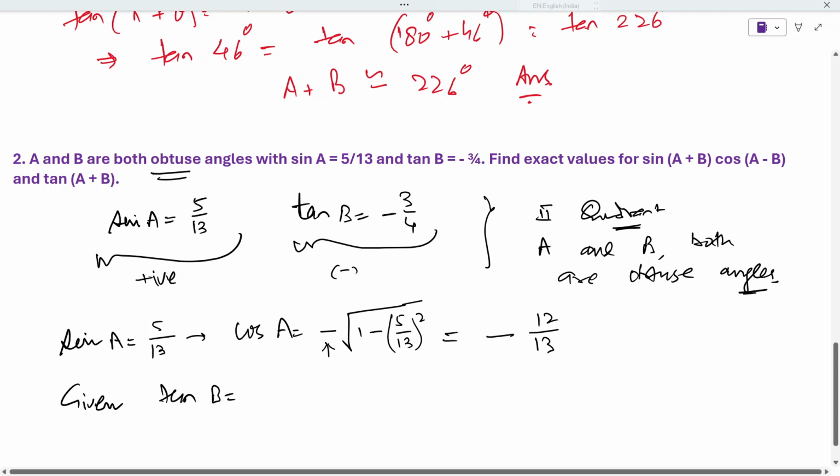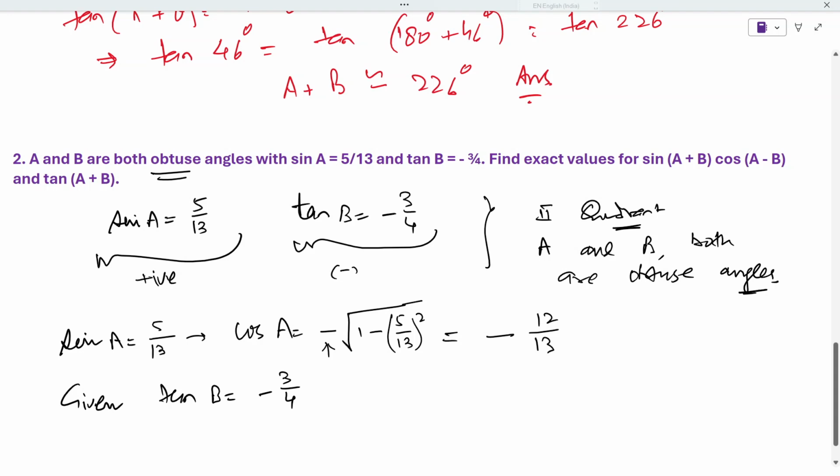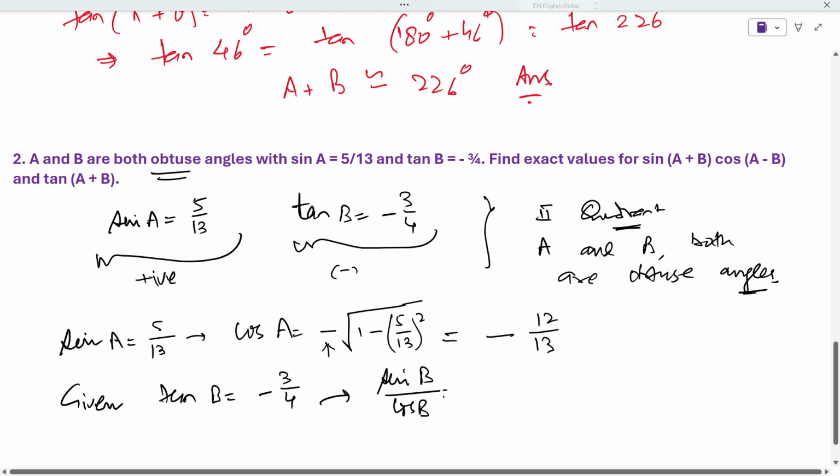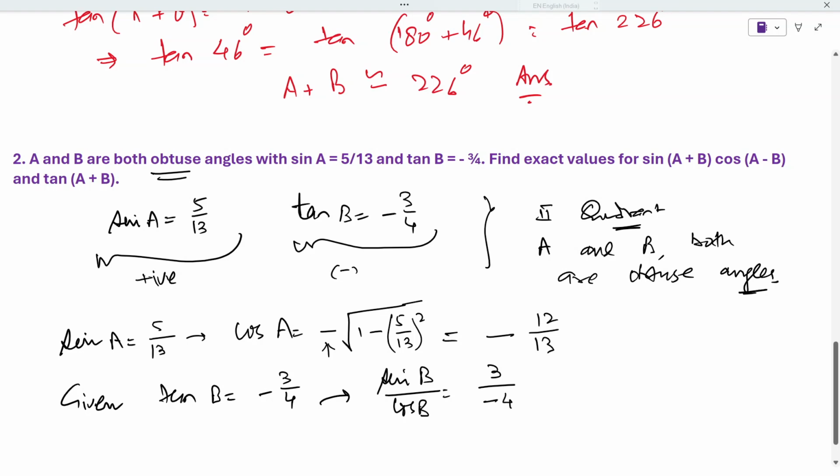Now given tan B is equal to minus 3 by 4 and the angle B is in the second quadrant, of course sin B upon cos B equals 3 upon minus 4. I have divided by 5 in both numerator and denominator because the square root of 3 squared plus 4 squared is 5, correct?